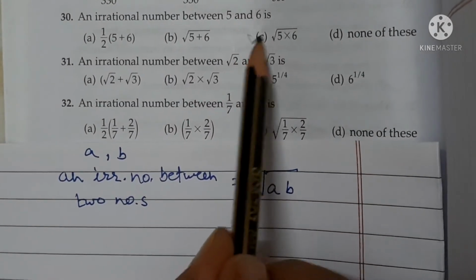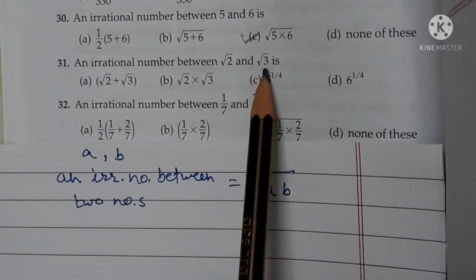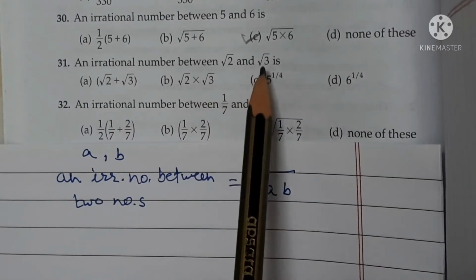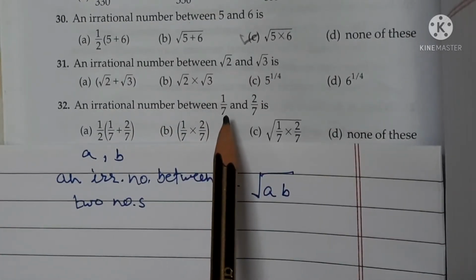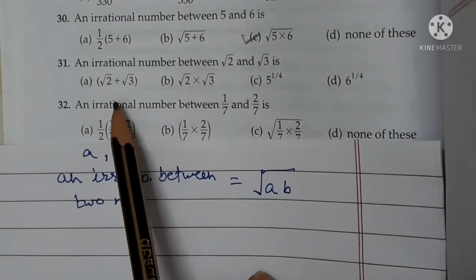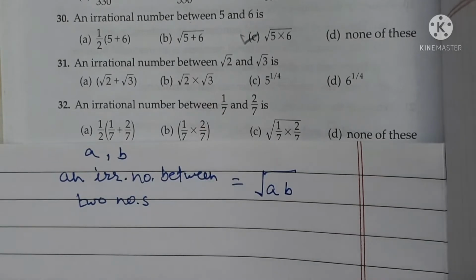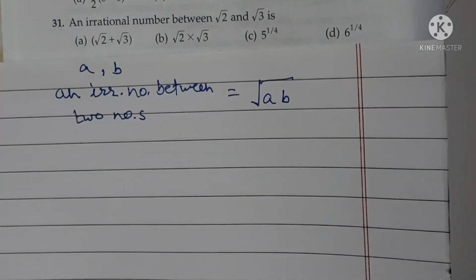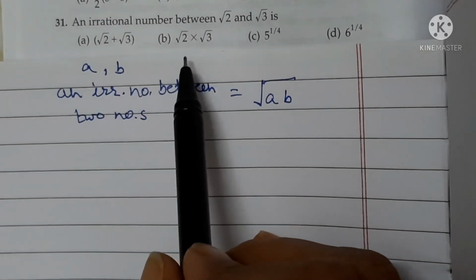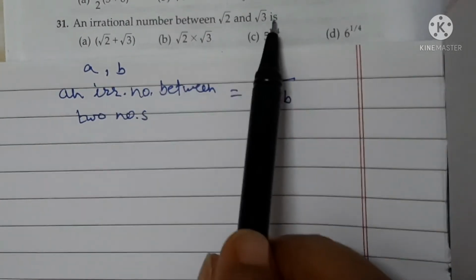Option C is correct. An irrational number between under root 2 and under root 3 means under root of AB. So under root 2 into under root 3 is equal to under root 6. See carefully, these are already in under root.